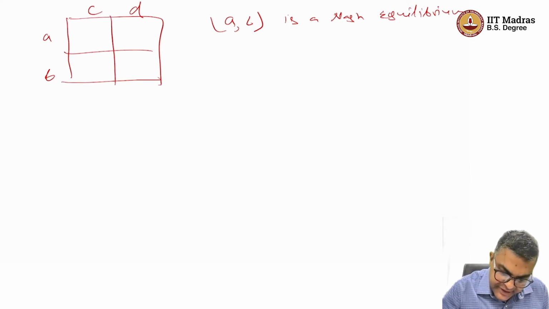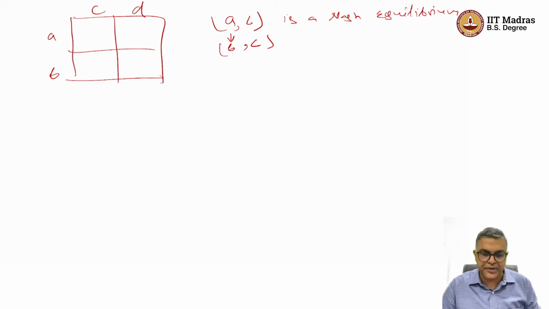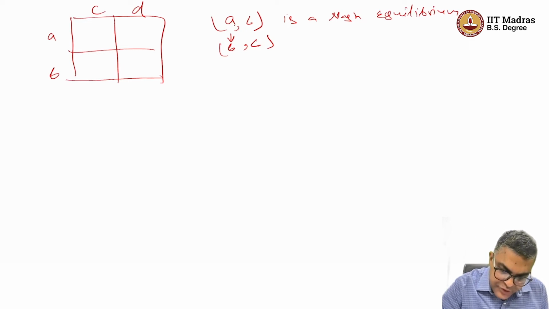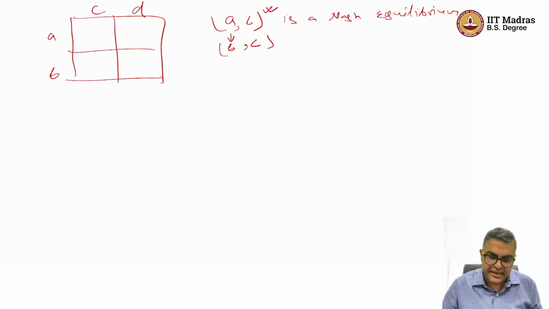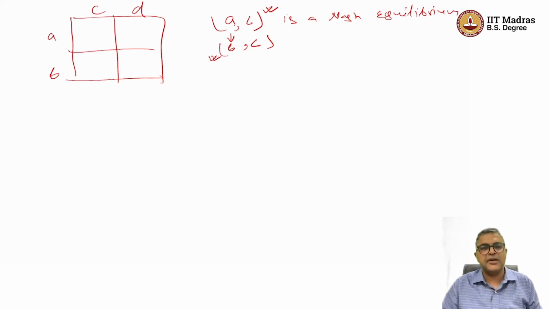So we propose that A comma C is a Nash equilibrium, and then we have to show that given what player 2 is doing, if player 1 changes his action from A to B, he doesn't become better off. So the payoff associated with A comma C cannot be less than the payoff associated with B comma C for player 1.